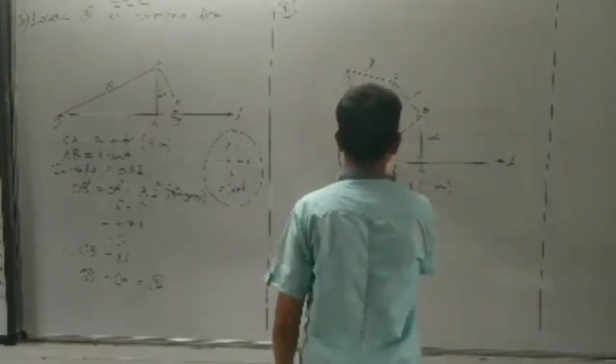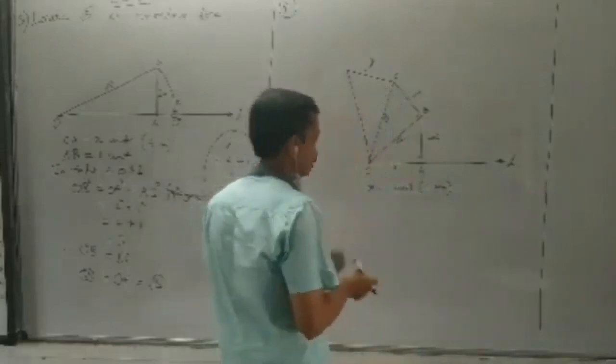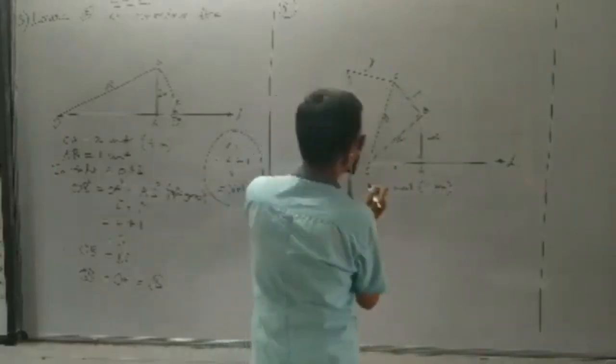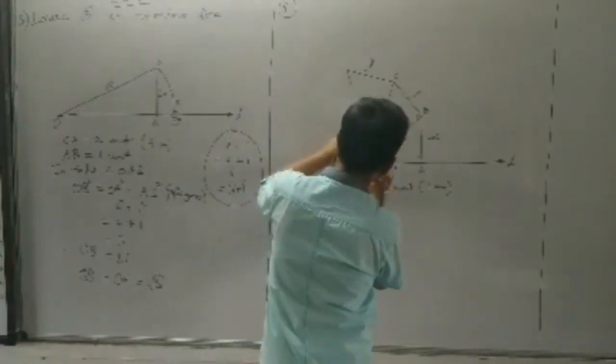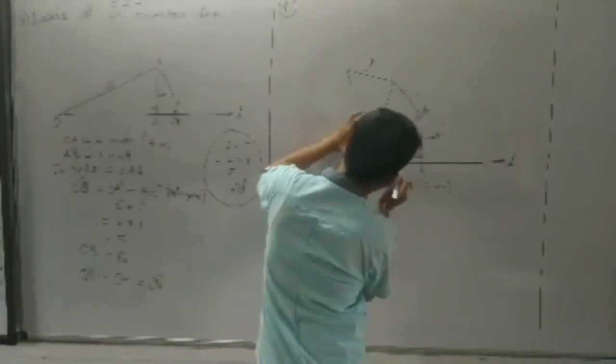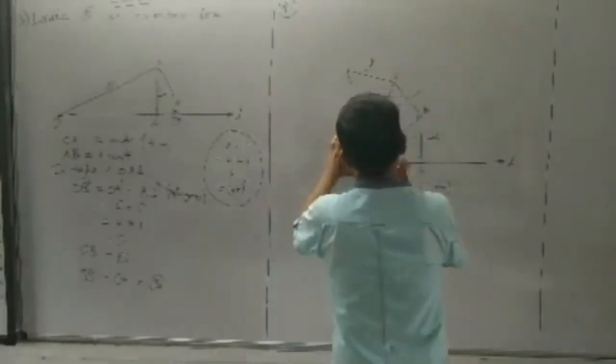Okay. So this you have to join. It's not clear. So the measurement I am doing now, roughly I am doing here. So you take the scale properly with the ruler and you do it.